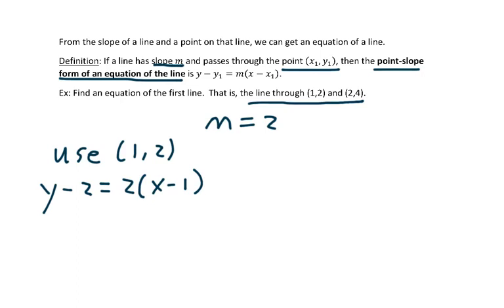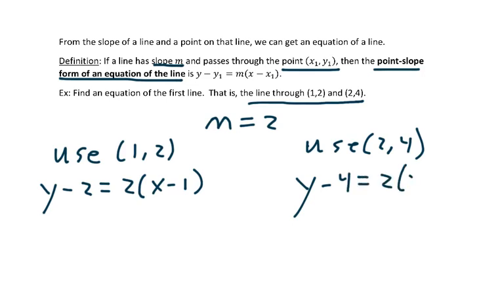Now, of course, I didn't have to use the point 1, 2. I could use 2, 4 if I wanted to. In that case, an equation of the same line would be this: y minus 4 is 2 times x minus 2.